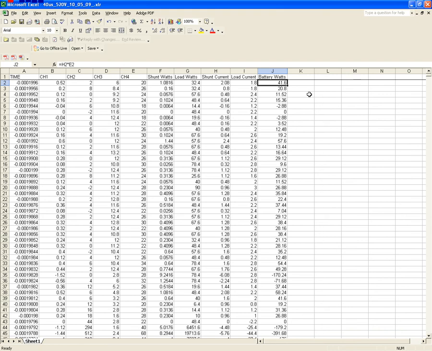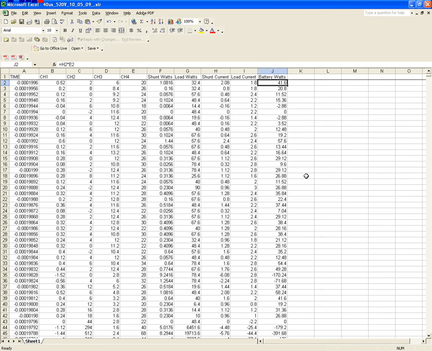So how much power is that? We simply take the battery voltage at that instant in time times the current that's flowing through there, and that gives us our battery watts. So you'll see our shunt current, H, times E2, which is our battery voltage, gives us our battery watts.